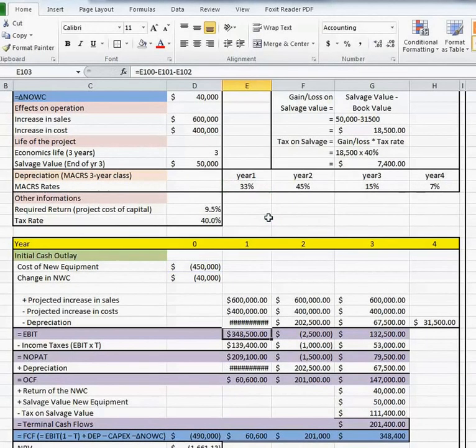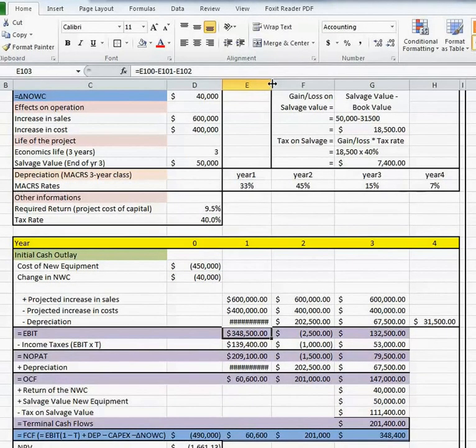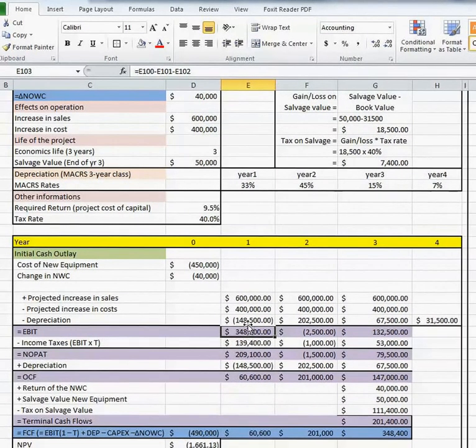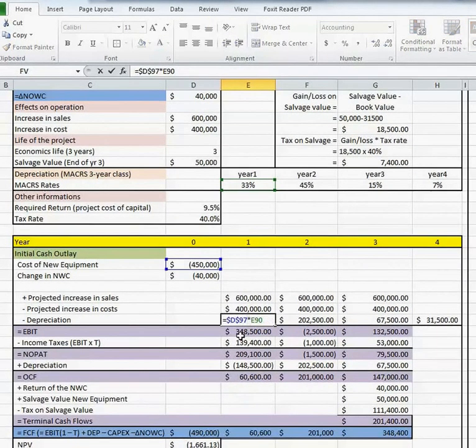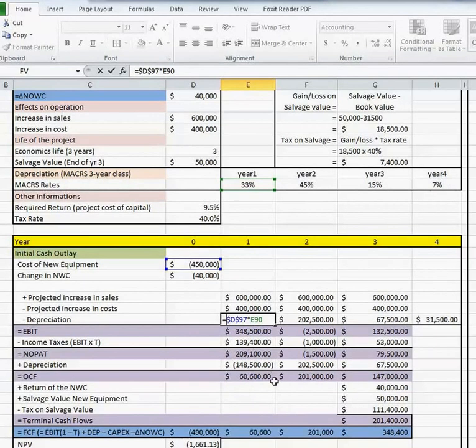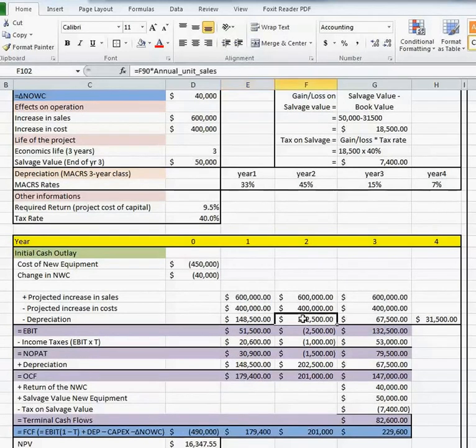So you get this value here. I would like to keep it positive, so I put a minus sign in the front. So $448,000.